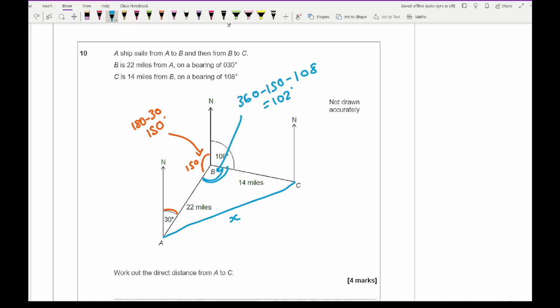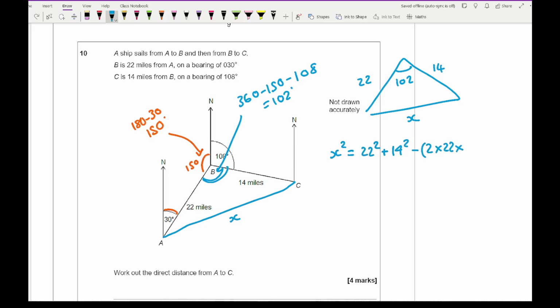So then taking that triangle out, I've got this angle which is 102, this length here which is 22, this length here which is 14, and this length x, which is what I'm wanting. So I'm going to be using the cosine rule, so x squared equals 22 squared plus 14 squared minus 2 times 22 times 14 times cos of 102.